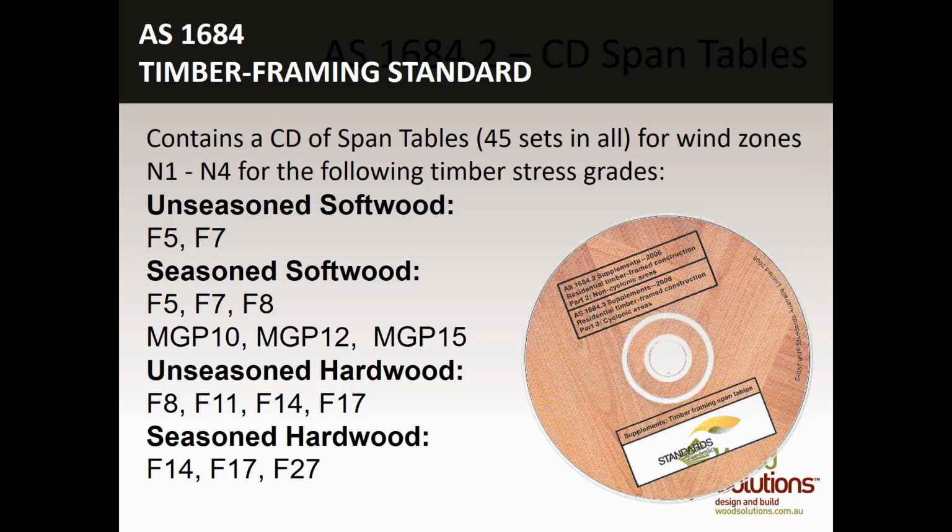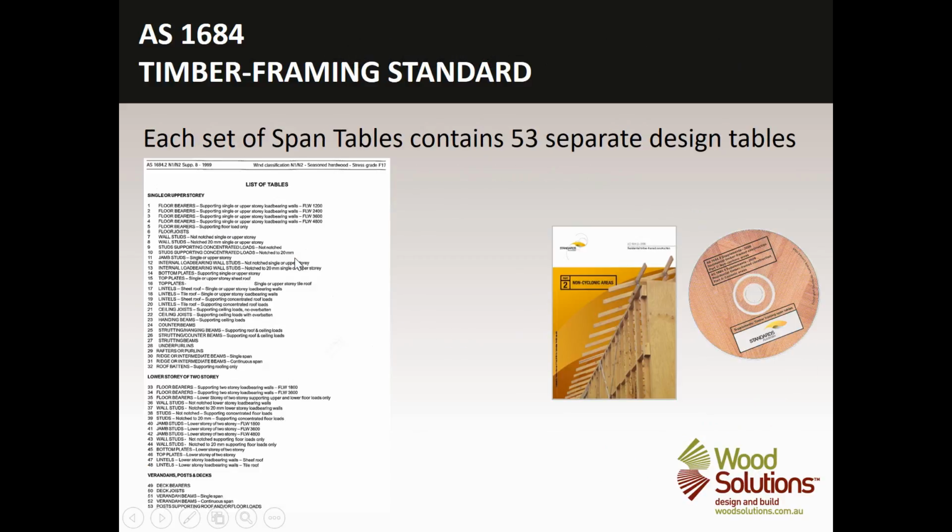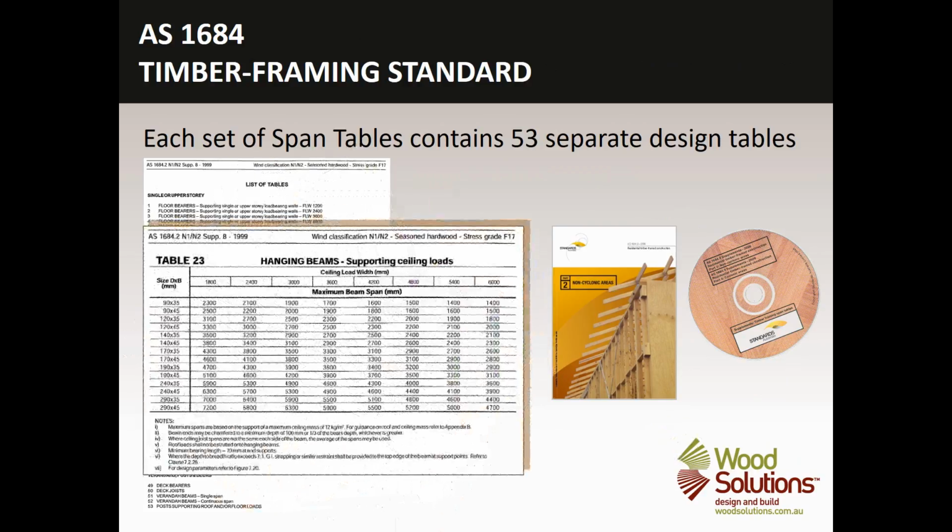And in the office where I worked, they had all the PDFs of all the span tables in the library, which is a very easy way to go about it, because when you've got it as a library there, you just go down and say, oh yes, I want F17 seasoned softwood. Click on it, and it's open in front of you rather than flicking through. So the PDFs could be handy there as opposed to hard copy.